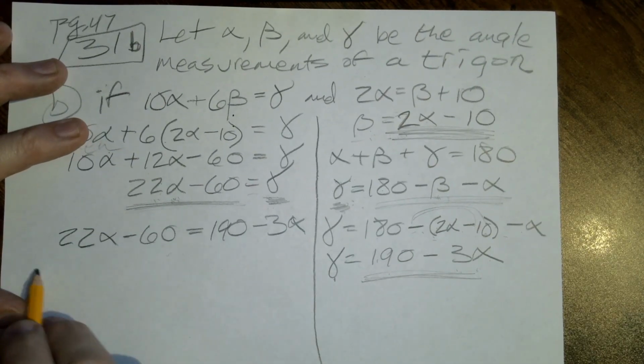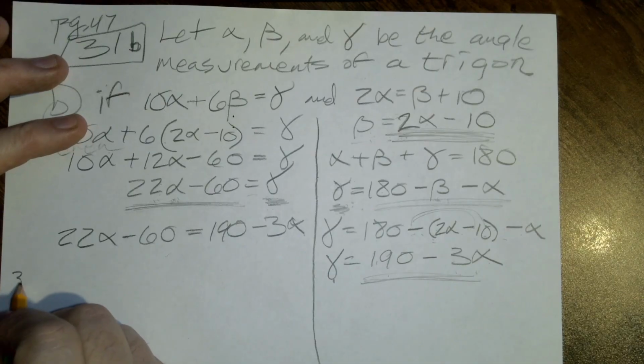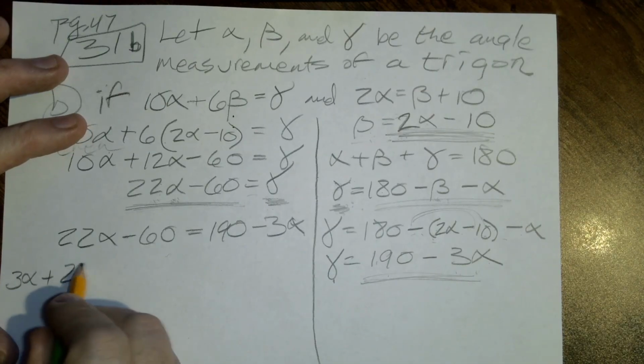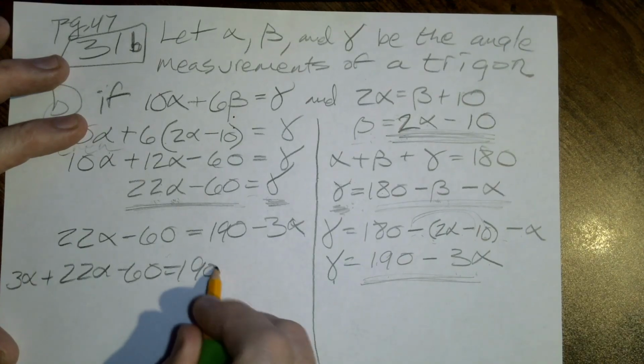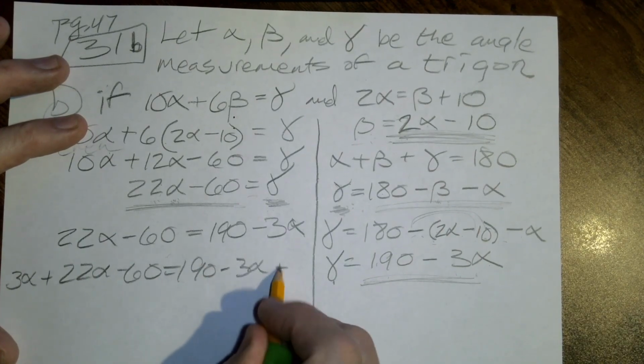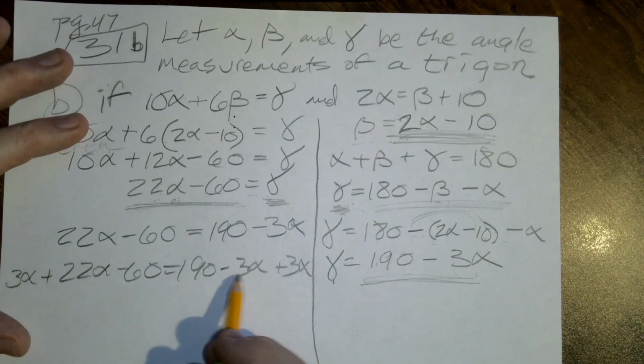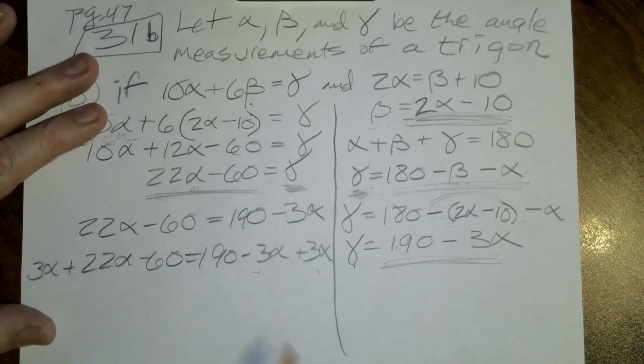Let's add 3 alpha to each side. So we'll add 3 alpha here. We'll add 3 alpha, so this just becomes 0 here. Negative 3 alpha and positive 3 alpha.